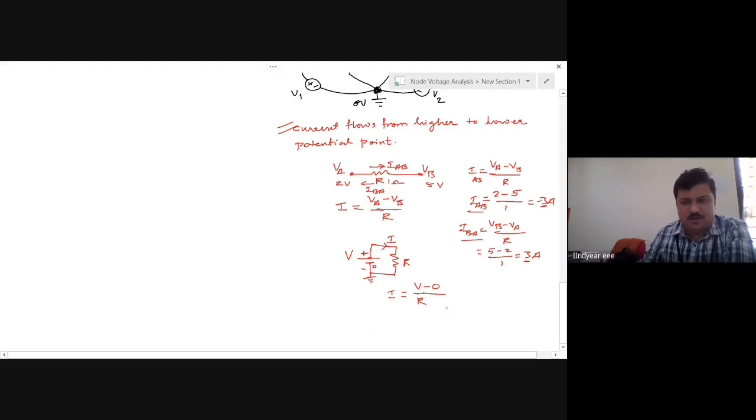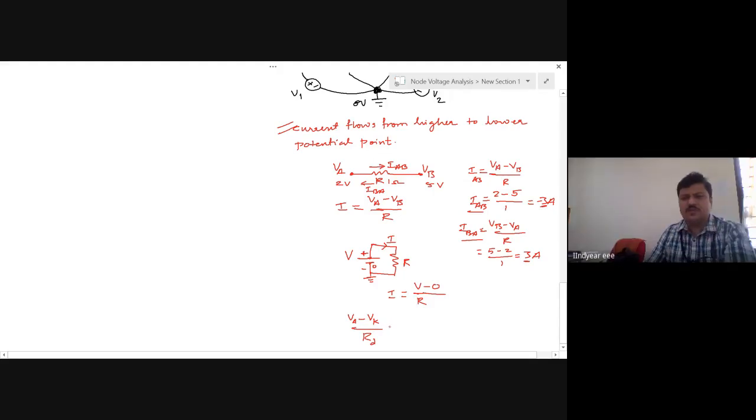Now you write the diode equation, in electronics. How do you write current through a diode?